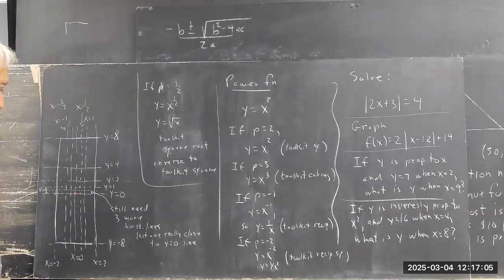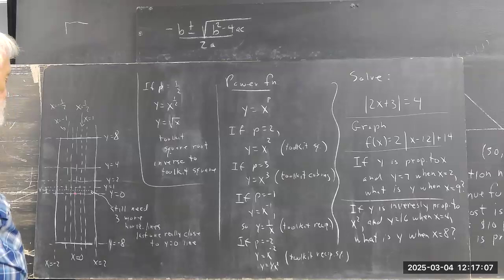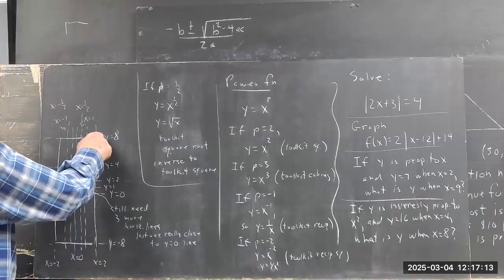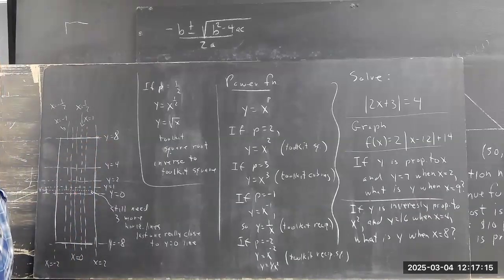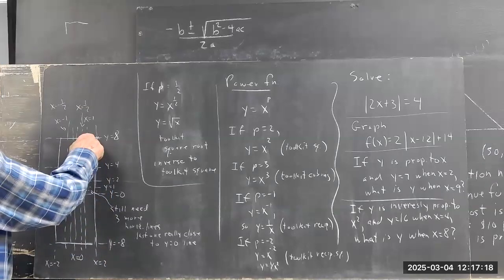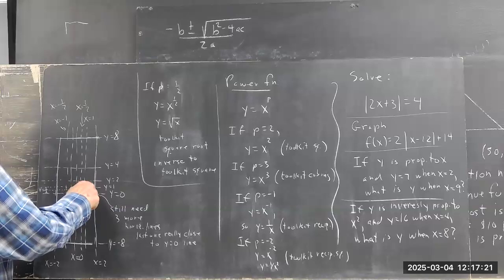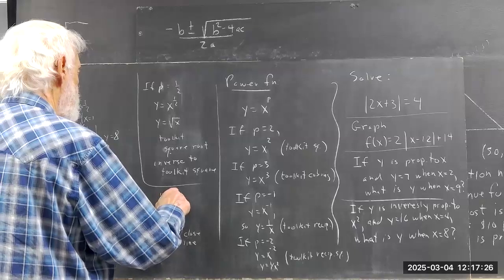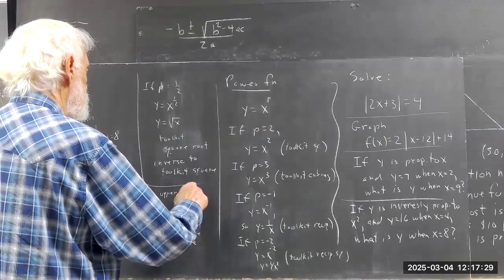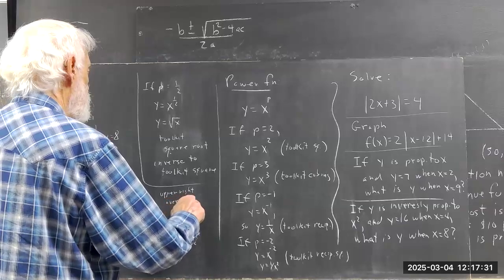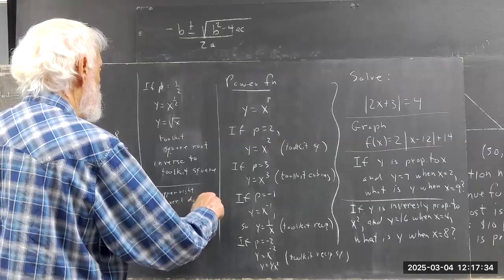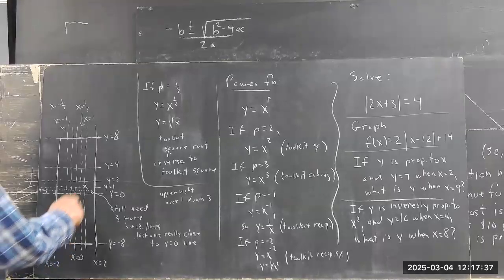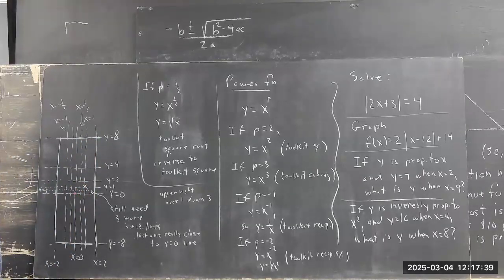So what do we do? We're going to start at the upper right-hand corner. We're going to move over 1 and down 3. So we're going to have this point and this point. Then we go over 1 and down 3.